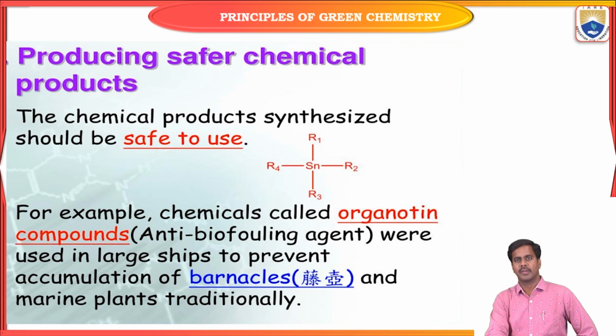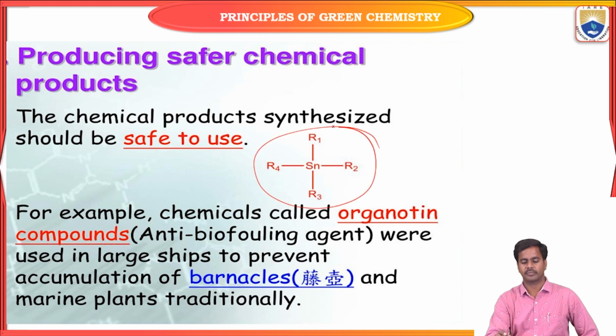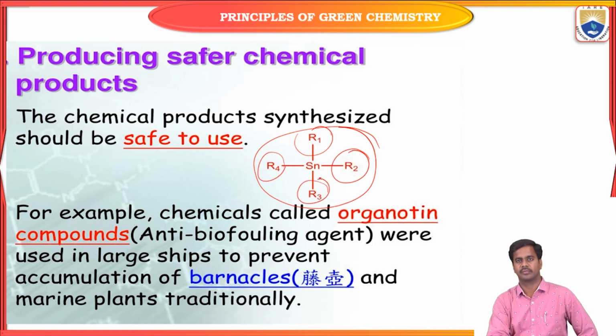For example, the chemicals called organotin, that is tetraalkyl tin. Four alkyl groups are joined with tin. This type of compound is known as organotin. These compounds are used as antifouling agents. What are antifouling agents?